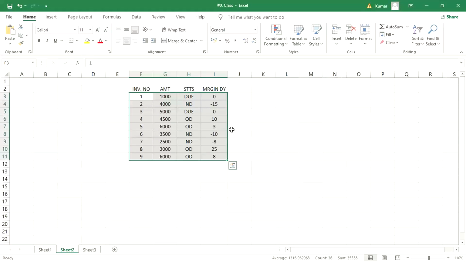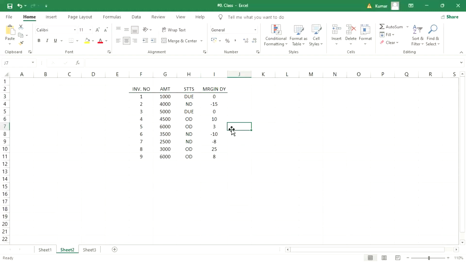Why is this dunning configuration required, guys? Because once we configure it, first of all, the system is going to identify the items which are due, overdue, and not due. That is going to be recognized by the dunning program.